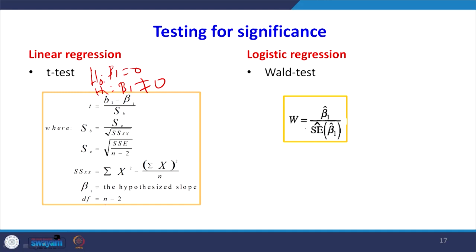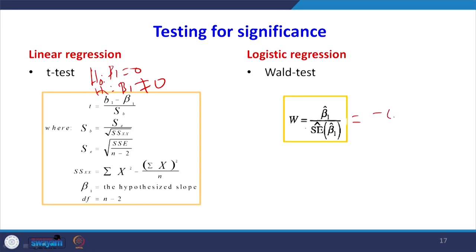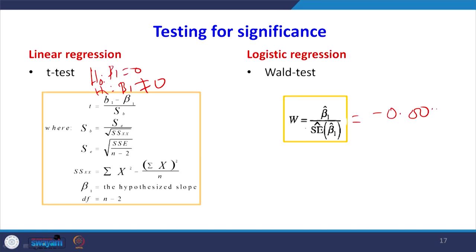Then we will compare whether it lies on the acceptance or rejection side. The equivalent test in logistic regression to test the individual significance of each independent variable is called the Wald test. This Wald test is nothing but the estimated beta 1 divided by the standard error of beta 1. So, here we will go back. See here, for example, the estimated beta 1 is minus 0.0029.